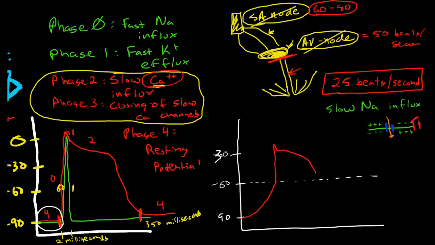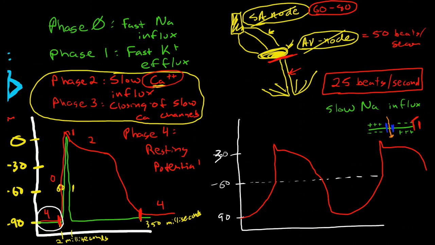So you end up with a curve that looks like this. Slowly moving back up, and then opening of the fast sodium channels, fast potassium leak, slow calcium leak, and then restoration of the resting potential.